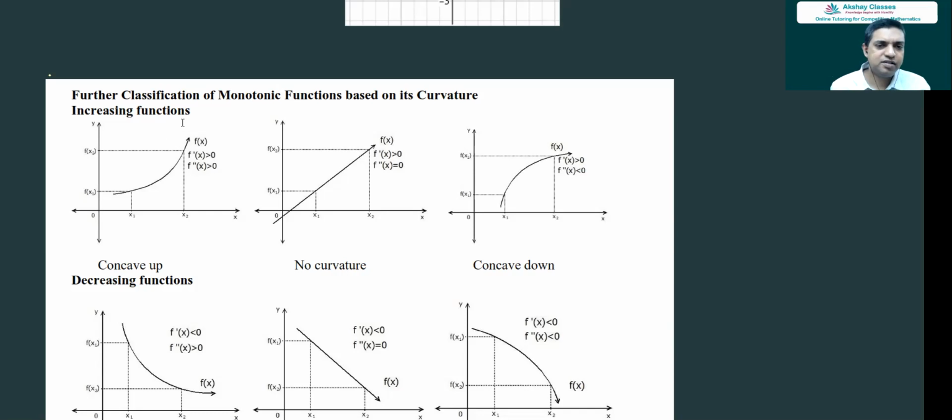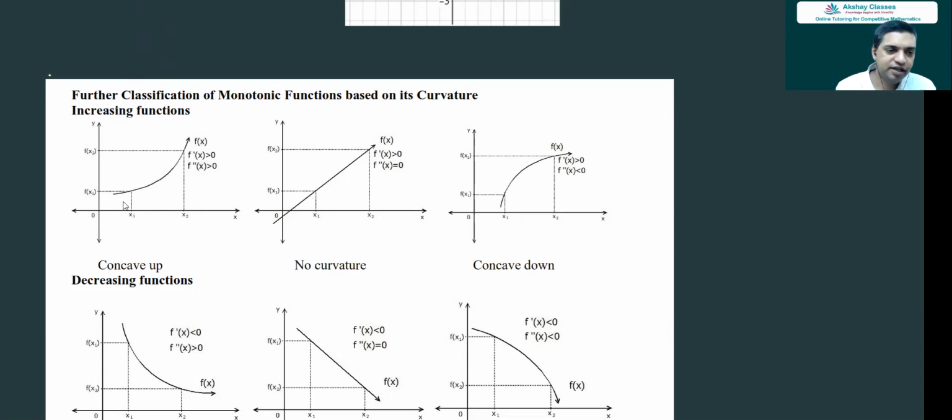So what makes the difference? Here you see f of x1 and f of x2. f of x2 is greater than f of x1, where x2 is greater than x1. Now, because we can see the function is increasing, when you move from left to right, the first derivative is positive.